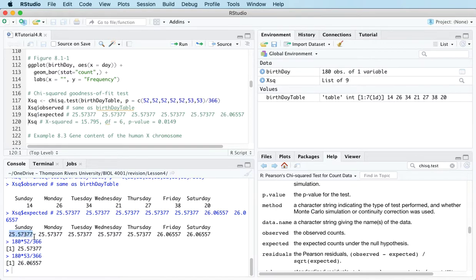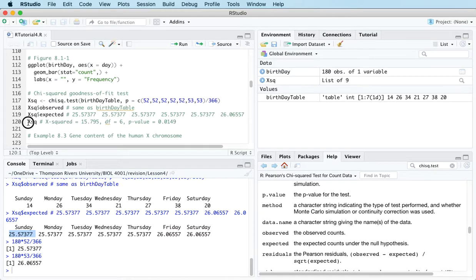It'll take that difference, square it, and then divide by the expected 25.57377. It'll do that for each day of the week, and then it'll add up all those scaled squared differences, and that's called the chi-squared statistic.